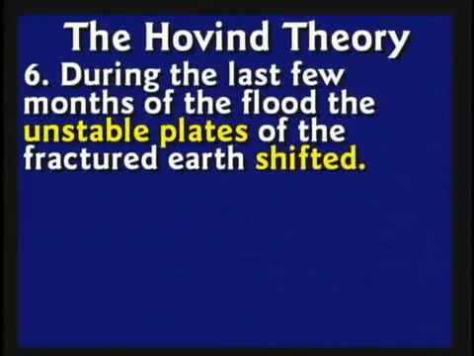So here's my theory. During the last few months of the flood, the unstable plates of the earth, which had been fractured, would shift. If the earth's crust was cracked up like an eggshell, and these pieces are floating around, someplace tilts up or tilts down or slips up and down.